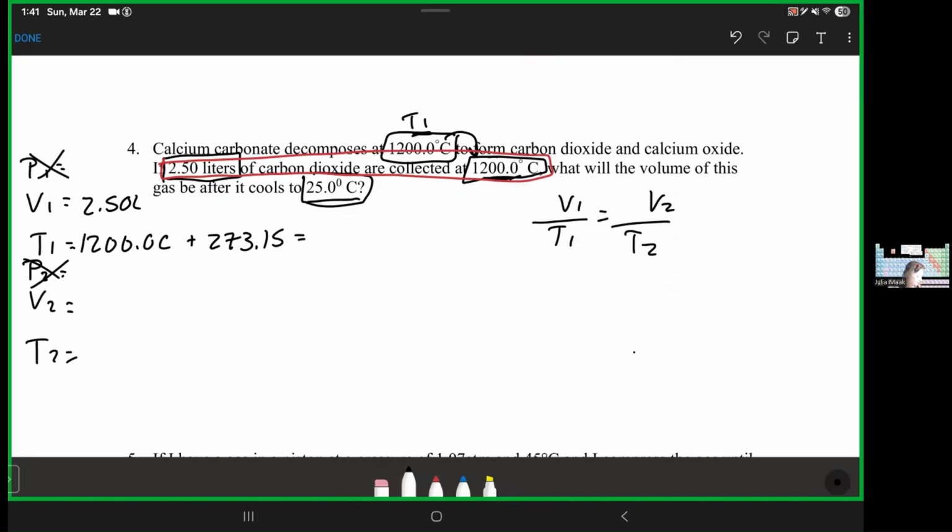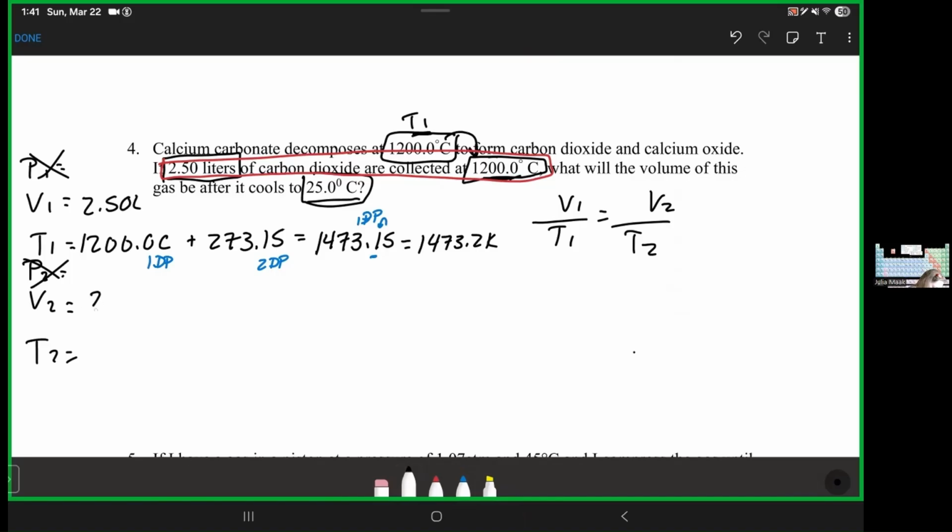If I add those, 1200 plus 273.15, I get 1473.15. We're limited to 1 decimal place, so the 5 is going to round that up, and I get 1473.2 K.